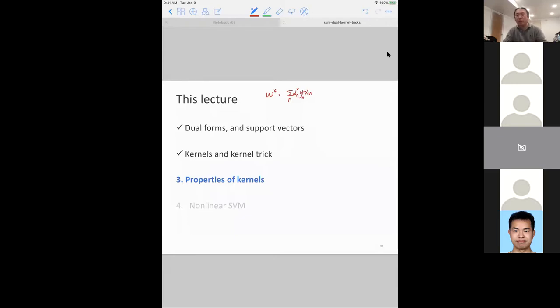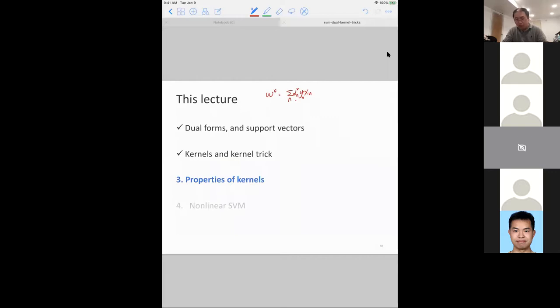The label here, yn, is either 1 or -1. So as we analyzed in the last lecture, most optimal Lagrange multipliers, alpha n's, are simply 0.